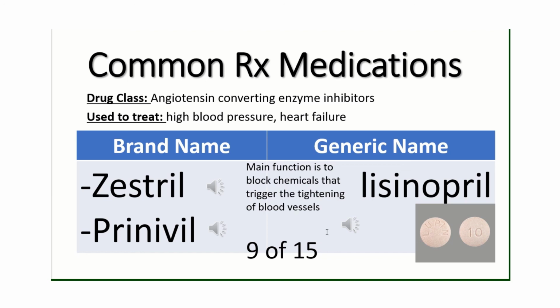Zestril, Prinivil, and lisinopril are angiotensin converting enzyme inhibitors. They are high blood pressure medications and also treat heart failure. The main function is to block chemicals that trigger the tightening of the blood vessels.